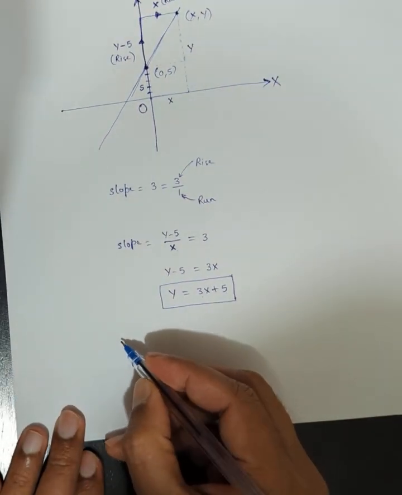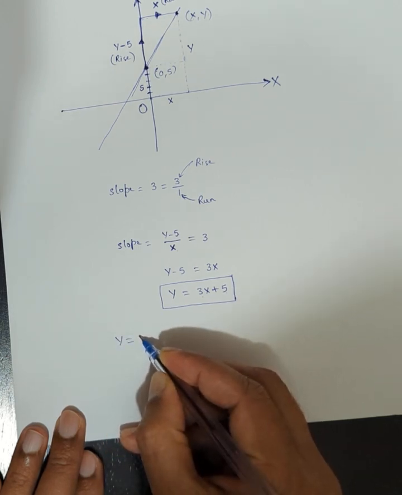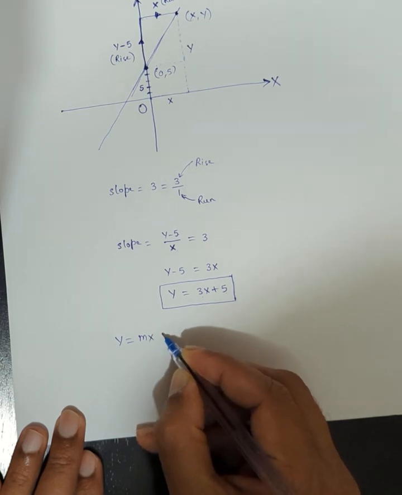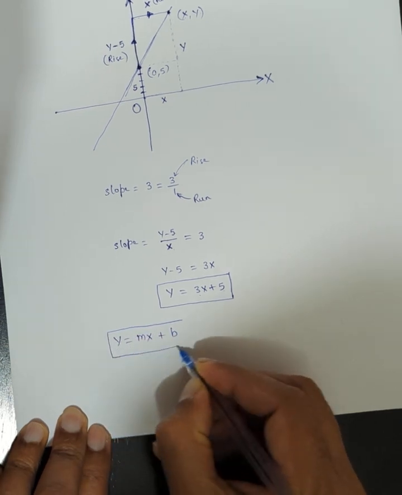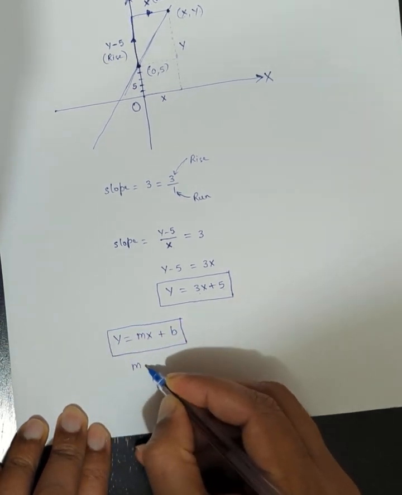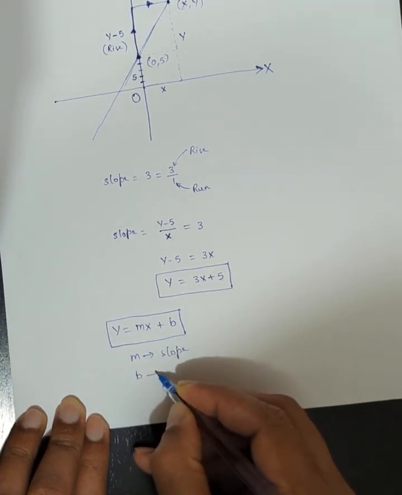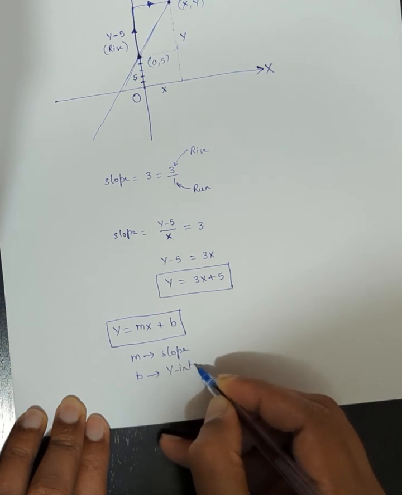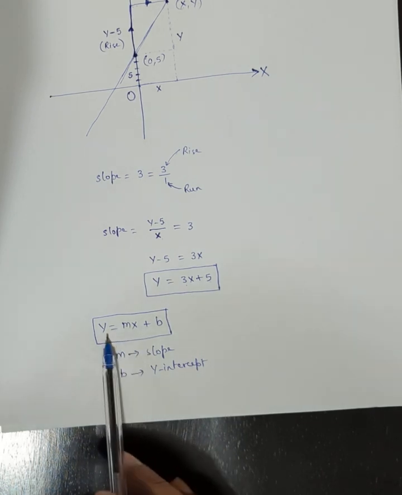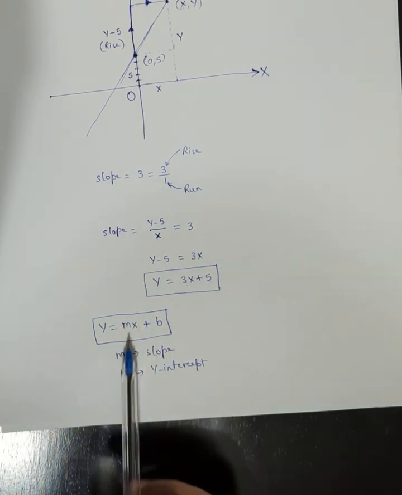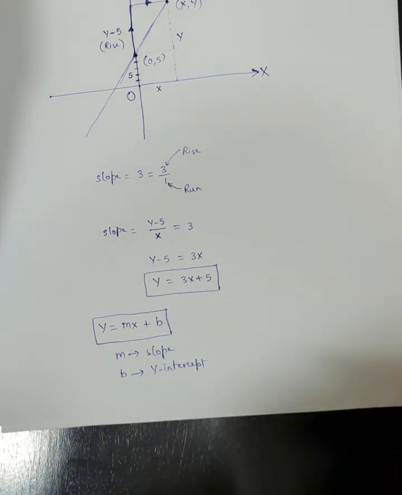Then you write it this way: y equals mx plus b, where m is the slope and b is the y-intercept. x and y are the variables. They are part of the equation. But m and b are just numbers. m is the slope and b is the y-intercept.